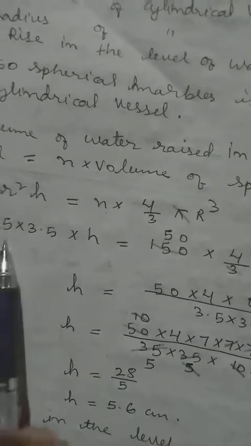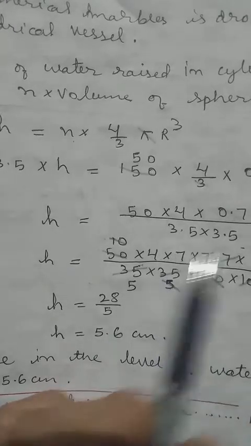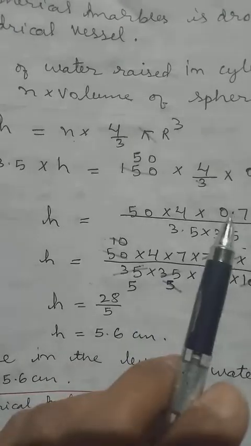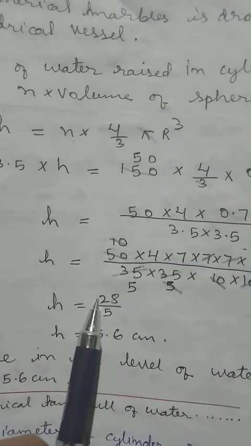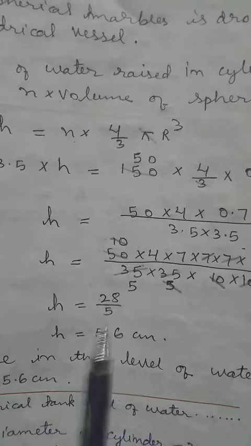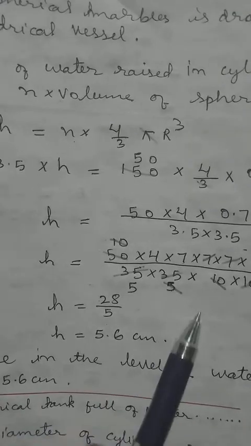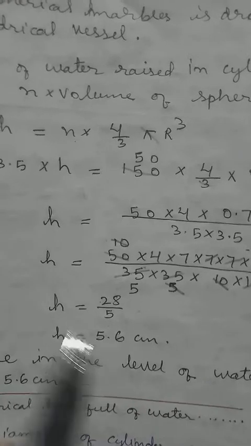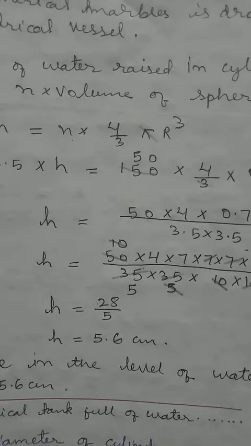Then we want only h, this multiplication we can take down to this side. Try to remove the decimal by putting 0 up, and to remove the decimal up we put 0 down. Then we cancel, finally we are left with 28 by 5, and if we divide we get 5.6 cm. So that means the water in the tank rose by 5.6 cm because we dropped those spherical balls.